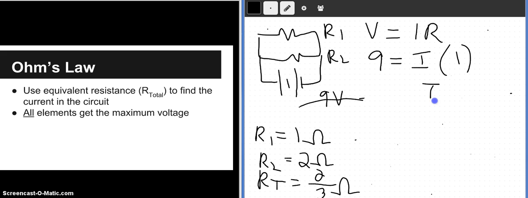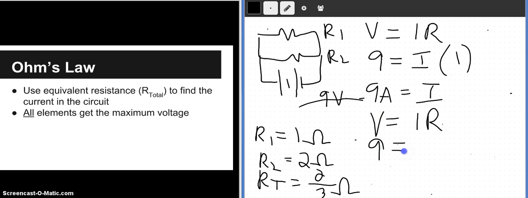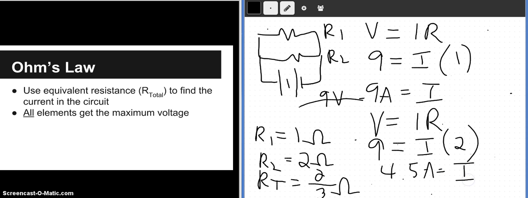That means resistor 1 gets 9 amps. Let's do this again for resistor 2. 9 equals I times 2, which means 4.5 amps equals I.